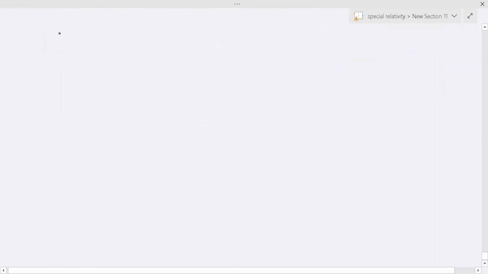Now the same question can be asked. So we can talk about the viewpoint of the observer O bar or S bar, however we call it.